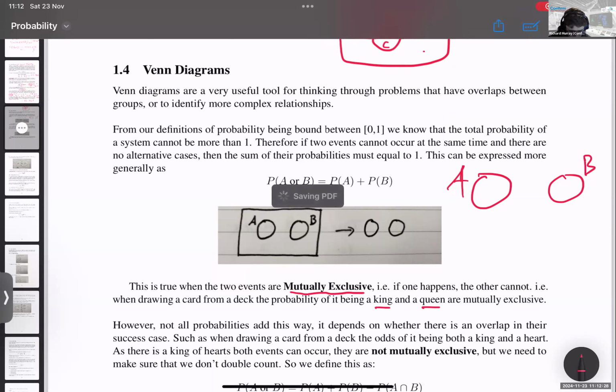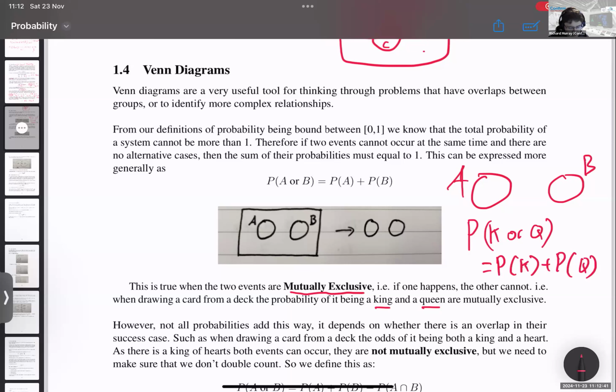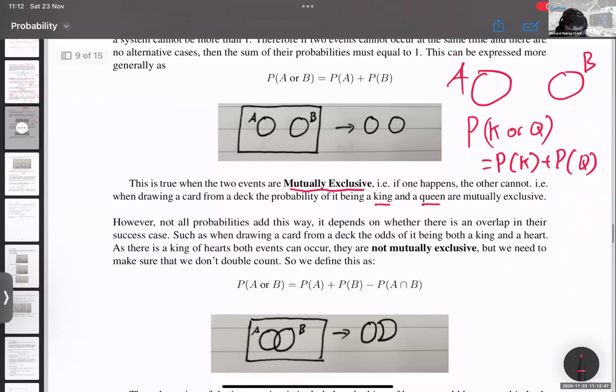So the probability of it being a king or a queen is equal to the probability of it being a king plus the probability of it being a queen. There's no overlap in these two options. However, that's not always the case.